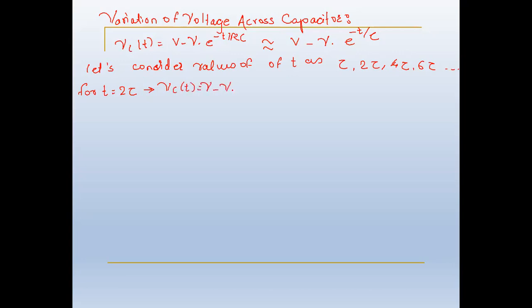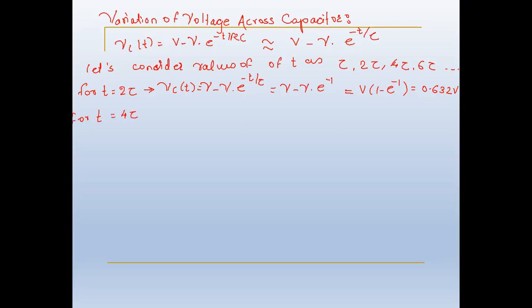V minus V into e raised to minus t by tau, which will become V minus V into e raised to tau by tau, means minus 1, which is equal to V into 1 minus e raised to minus 1, which is equal to 0.632 V.